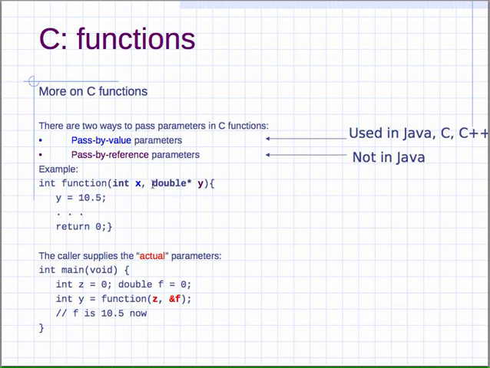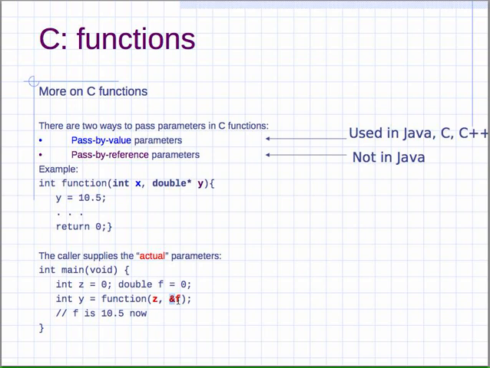Okay, so how do you do that? How do you pass by, quote unquote, pass by reference? Strictly speaking, if you look at this, you know that y is just a pointer to a double. And so wherever this is called from, let's say we have a main function where we call this function, we can pass the address of some double precision number. And so strictly speaking, we're just passing a pointer.